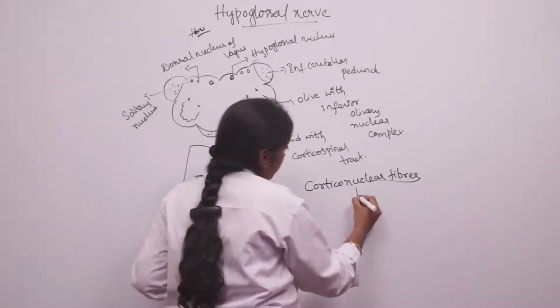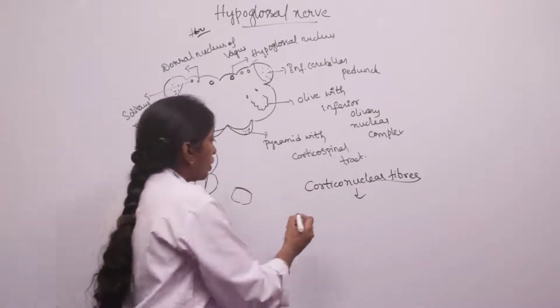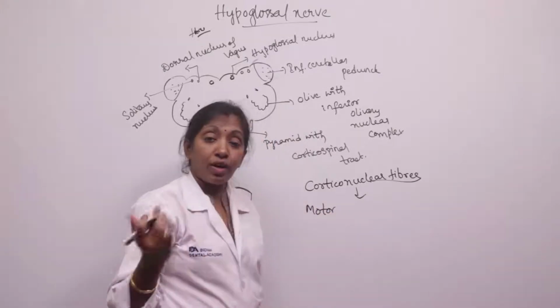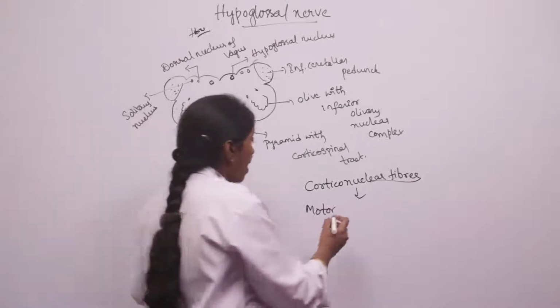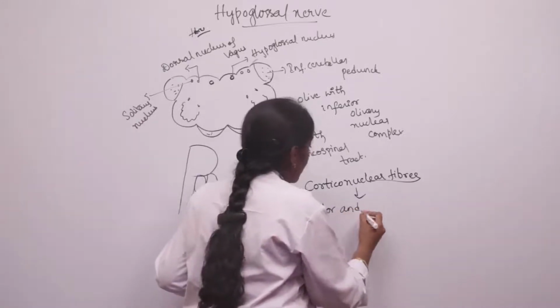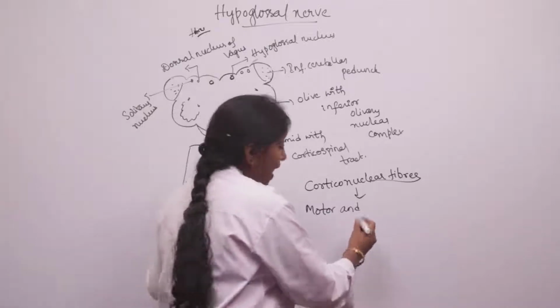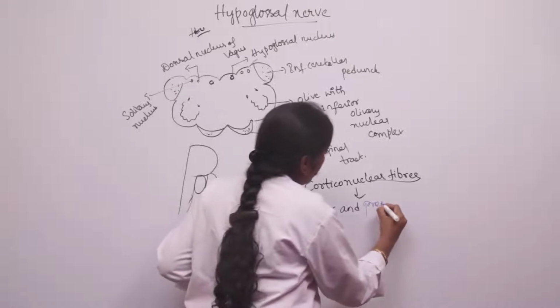Okay. So, how do the corticonuclear fibers arise? From the motor area and premotor area. We know that in the cerebral cortex we have areas 4 and 6, which are the motor area as well as the premotor area.